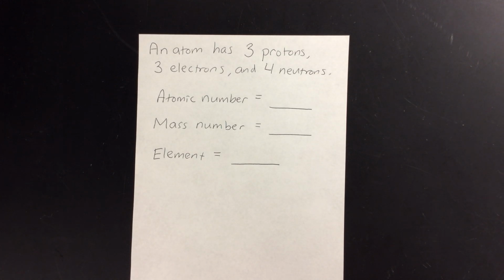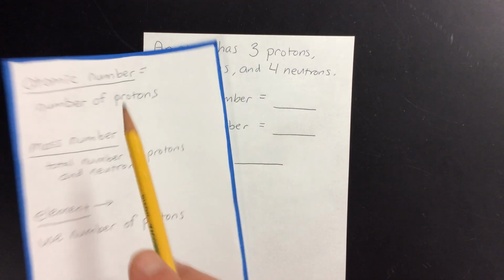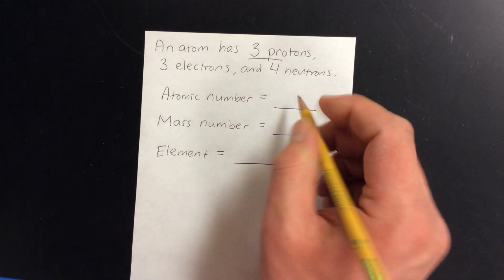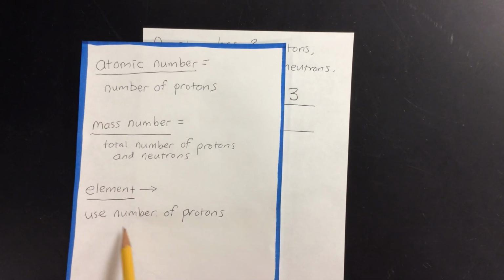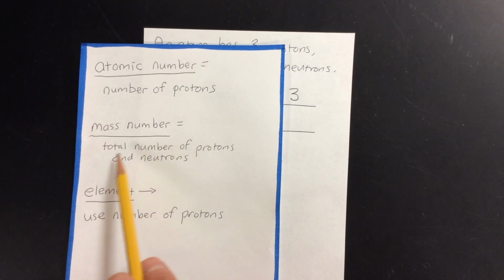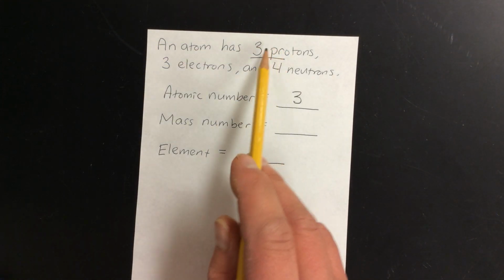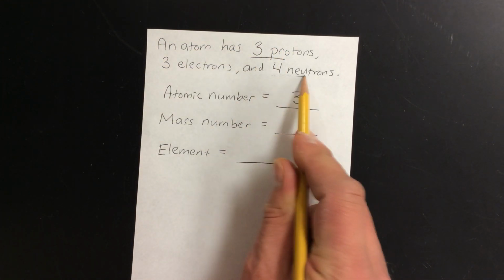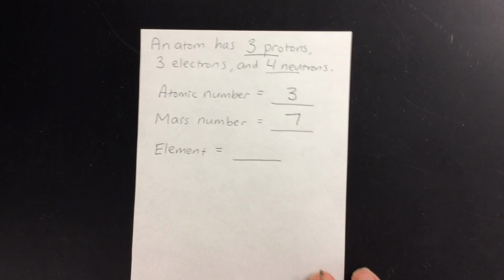Alrighty, so first thing, atomic number, remember, is equal to the number of protons. This has 3 protons, so the atomic number is 3. Then there's mass number. Mass number is equal to the total number of protons and neutrons. So I've got 3 protons and 4 neutrons, and 3 plus 4 is 7, so the mass number is 7.